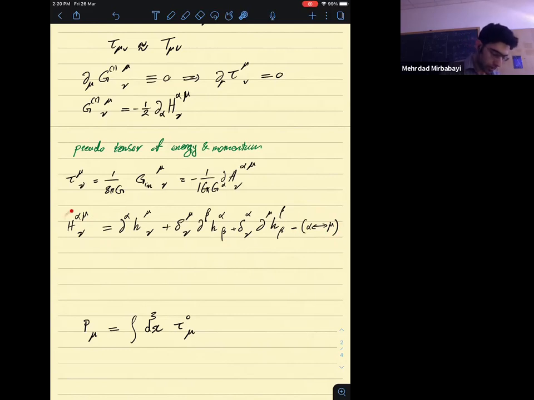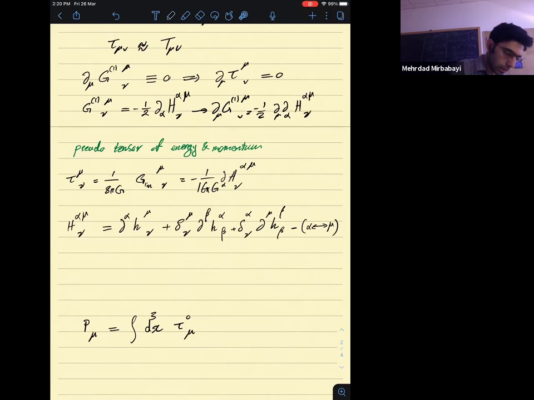This anti-symmetry guarantees that this linearized G mu nu is identically conserved, because if you take the d mu of G1 mu nu, it becomes -1/2 d mu d alpha of H alpha mu nu.